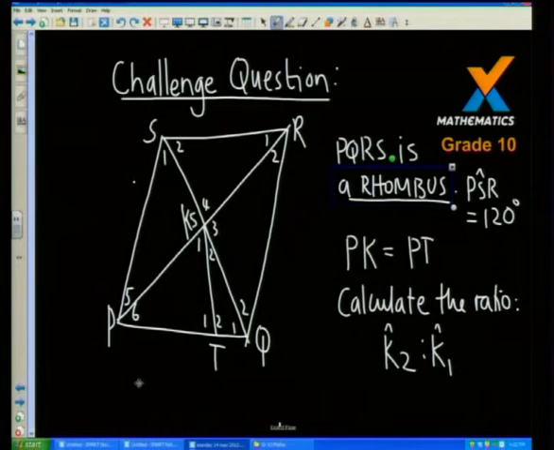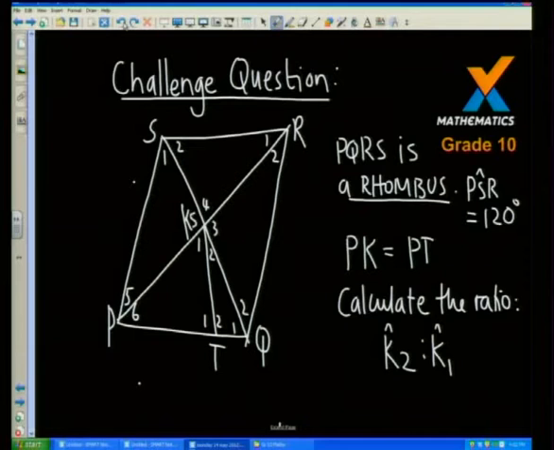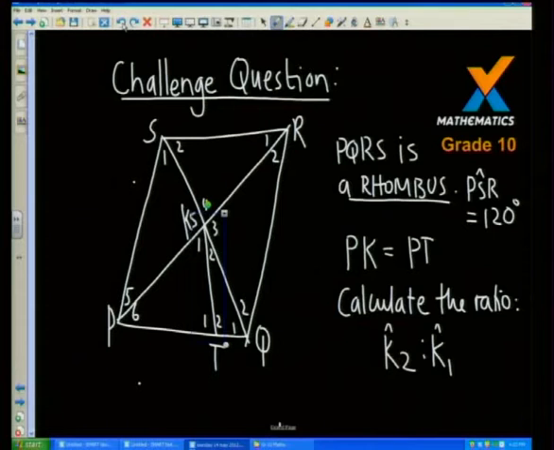We have angles S1 and S2, angles R1 and R2, angles Q1 and Q2, angles T1 and T2, P5 and P6, and then this vertex here, K, has got angles 1, 2, 3, 4, 5. The other thing that's been drawn is this line KT, meeting at T, so we also get angles T1 and T2.